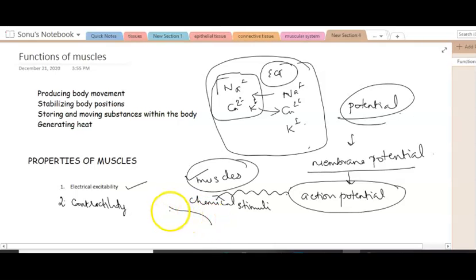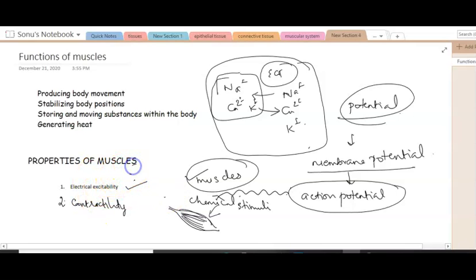Now, this is a muscle belly, the muscle fibers. So when this electric stimulus reaches these muscles, it will contract. A force will be generated, and that pulling force will make the movement occur. That is called contractility.